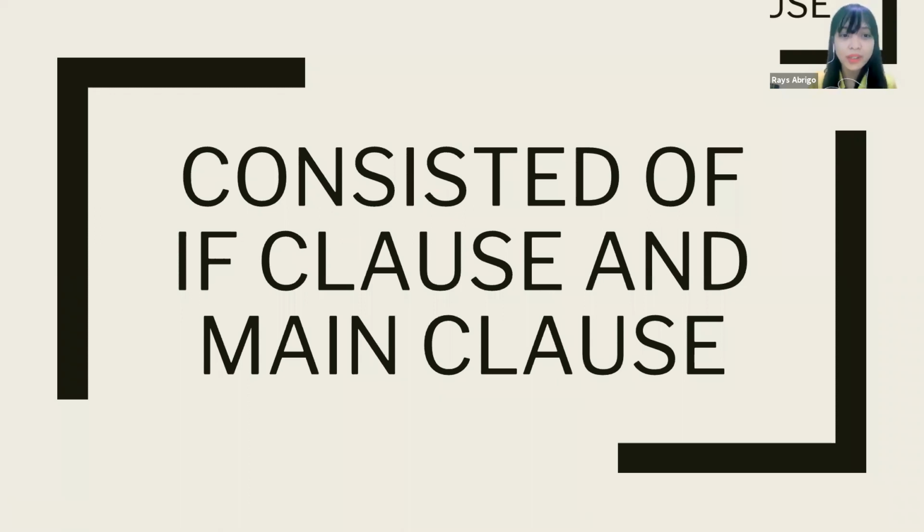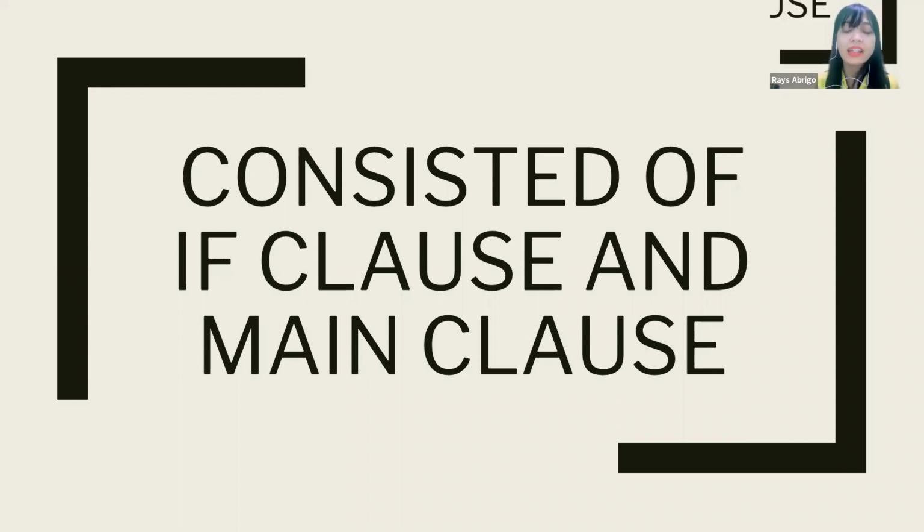The main clause is also known as the independent clause, which we also know as the standalone clause, and this clause can form a complete sentence standing alone, having a subject and a predicate. So it's called an independent clause because it could stand on itself.